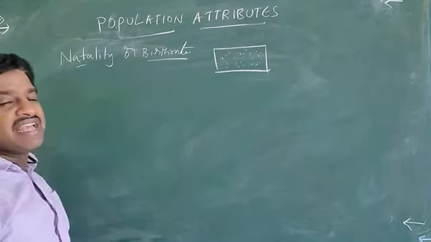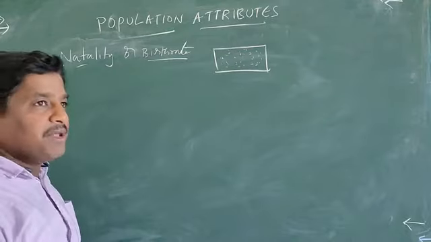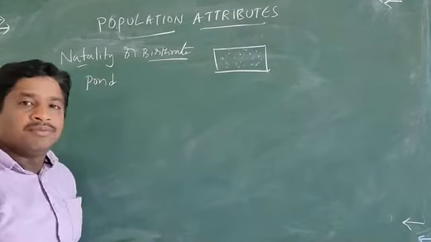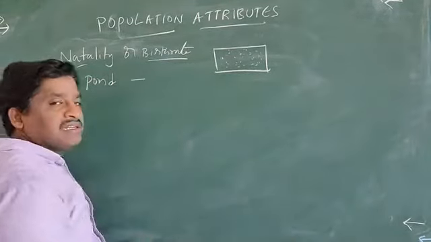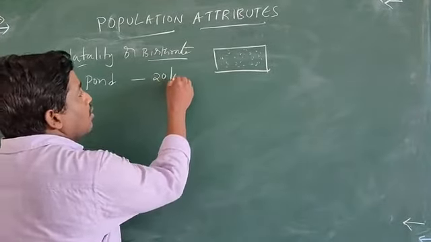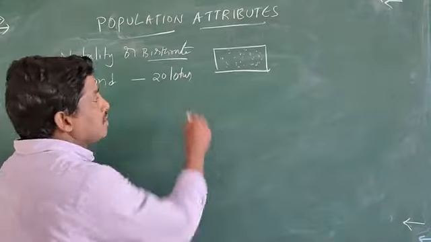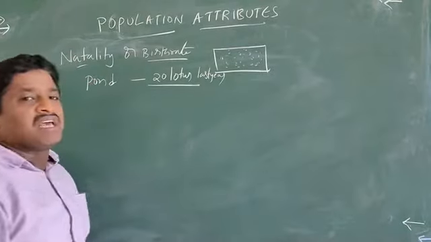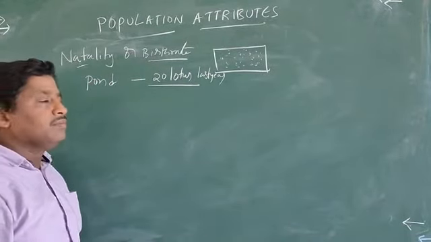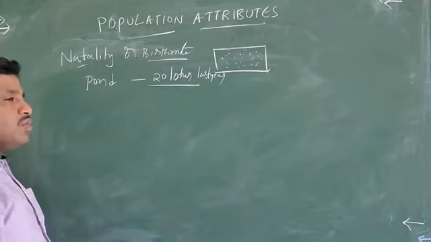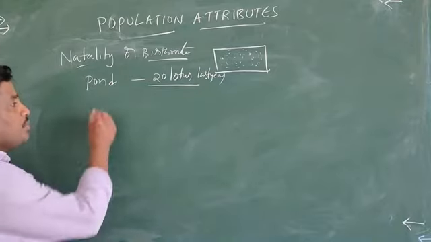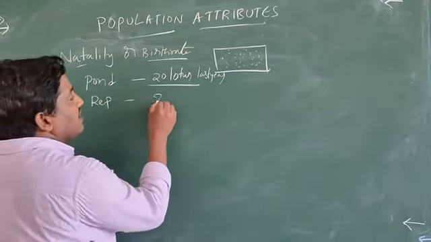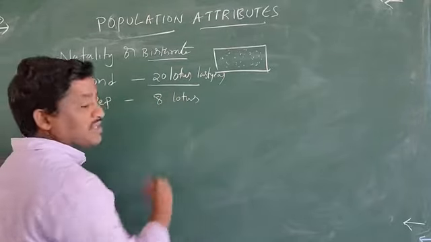How do we find this natality? Suppose, for example, a pond. In the last year, 20 lotus plants were produced. Now in this year, through the process of reproduction, 8 lotus plants are produced.